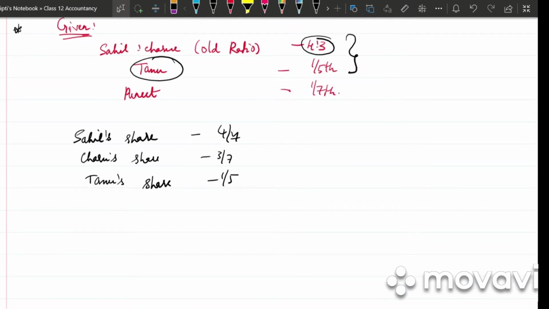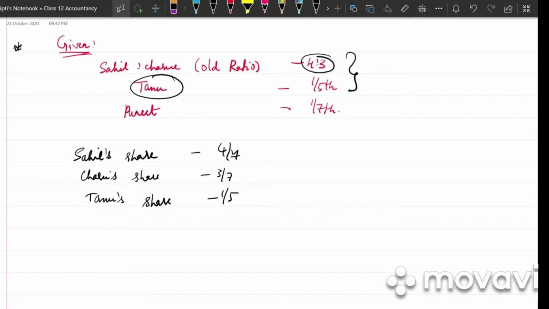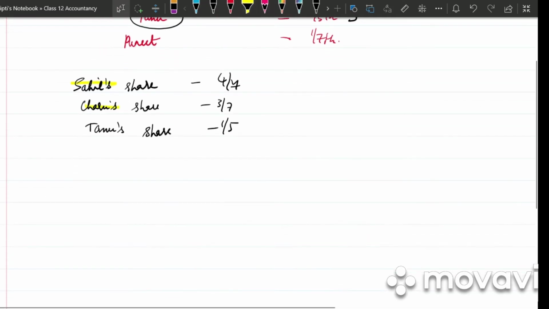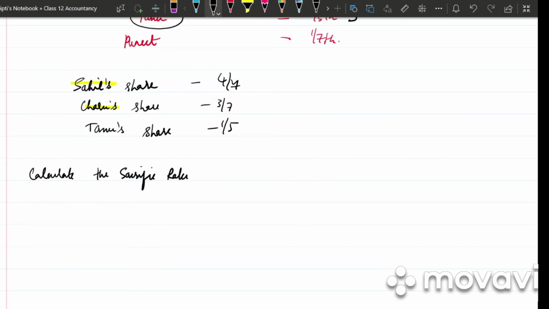So Tanu acquired share from both Sahil and Charu. How did she acquire? Equally. So it is given in the problem that Tanu got the share from Sahil and Charu equally. So we need to calculate the sacrifice ratio of Sahil and Charu.